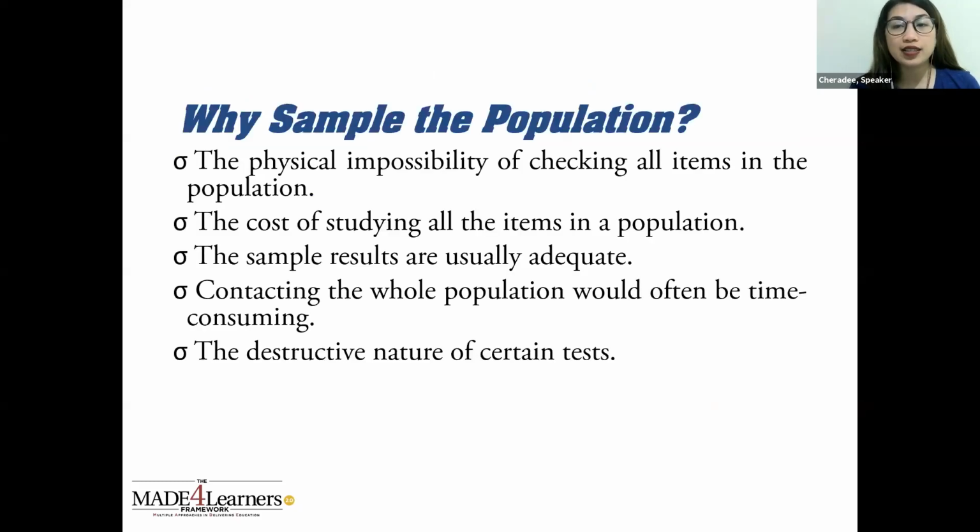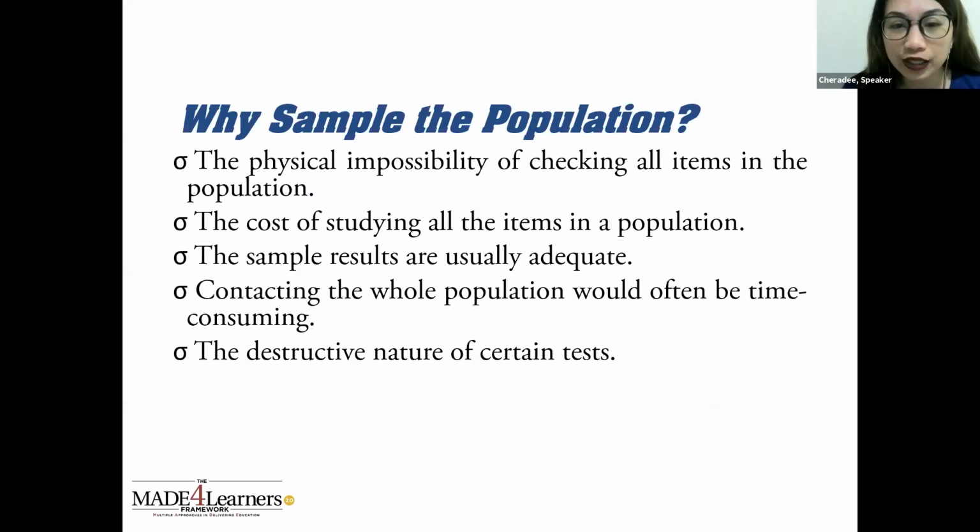So these are the reasons why we sample the population, which we already discussed. The physical impossibility of checking all items in a population, the cost, as mentioned by some of you in the comment section. The sample results are already adequate, meaning to say, as mentioned in statistics, assuming that the sample results are already the population results is always acceptable.